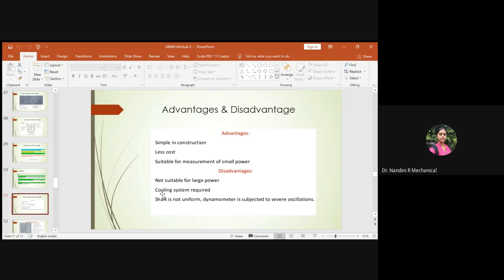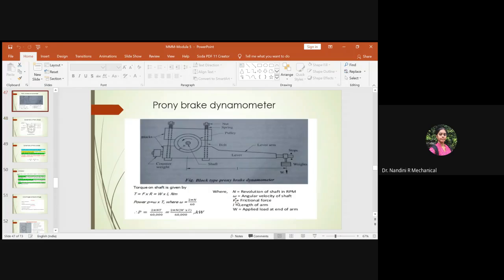Hence it is always suggested that the shaft should be uniform, then only the dynamometer will not be subjected to severe oscillations and variation in the coefficient of friction. So these are the advantages and disadvantages related to our Prony brake dynamometer.